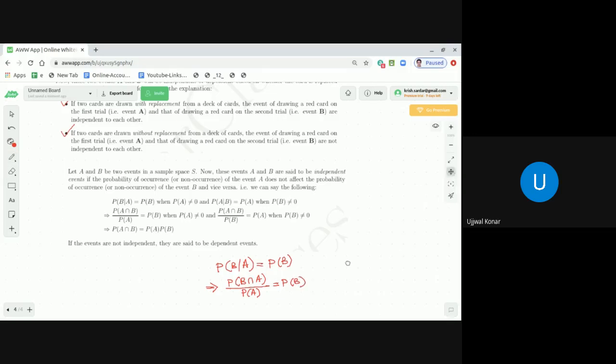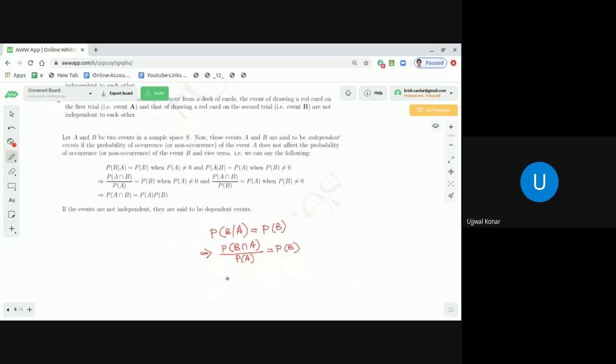So from here what we get is that probability of B intersection A is equal to probability of B into probability of A, and we can write it in proper sequential form. Probability of A intersection B is equal to probability of A into probability of B.